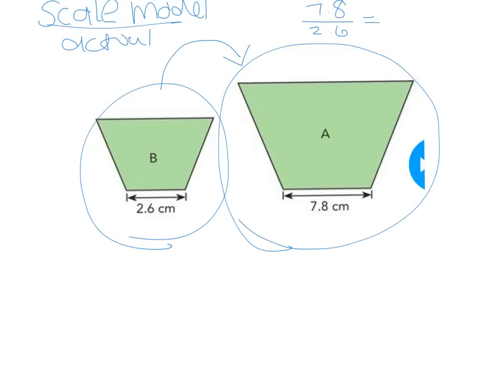And you should end up with something greater than 1 whole if it's being enlarged. So when I divide these out, 7.8 divided by 2.6, I get 3. So in this problem, my scale factor is 3 because 2.6 times 3 gives me 7.8. So a scale factor is what your original object is being multiplied by to get your scaled object, whether that be bigger or smaller.